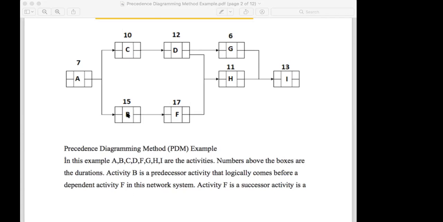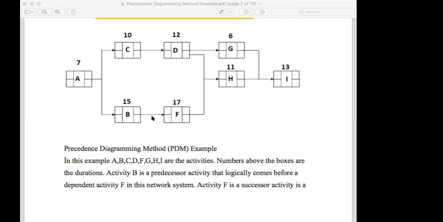B is the predecessor to F, and F is the successor to B. You got the point? You know, predecessors, successors, those things you have learned. This is a dependent activity. Why dependent? You have to complete B, otherwise you can't start F.